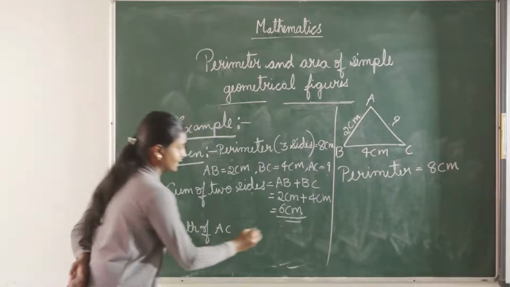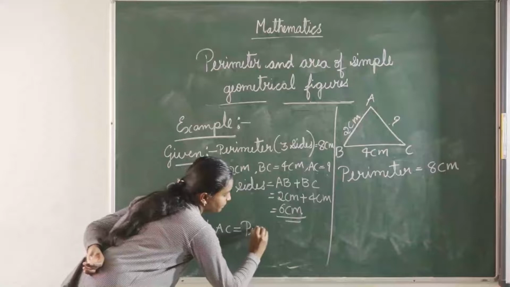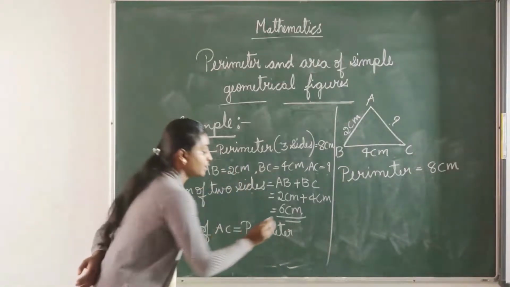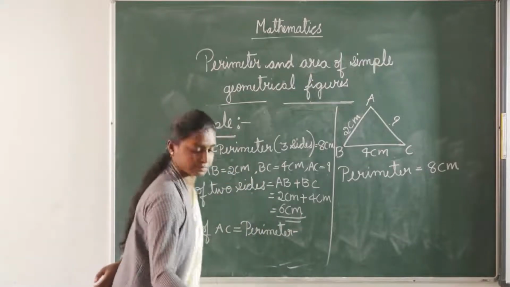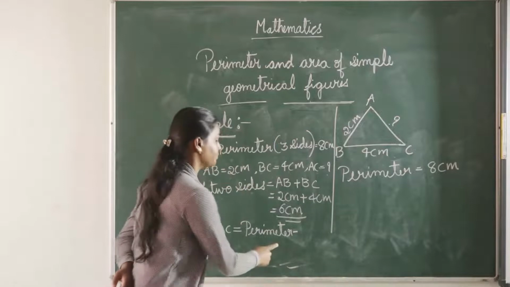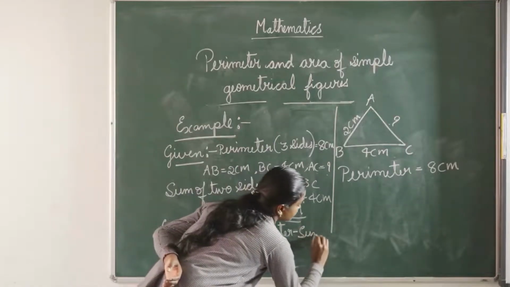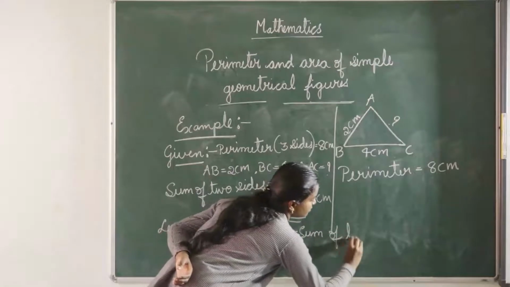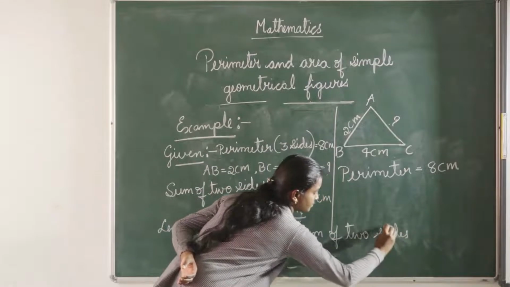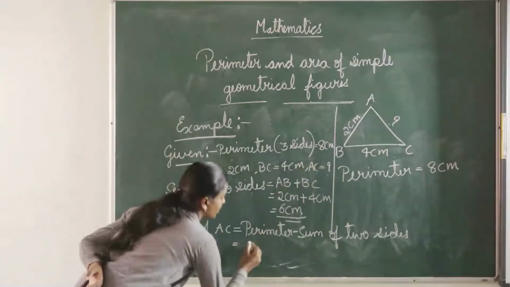Length of AC is equal to perimeter minus sum of two sides. That is, perimeter is how much? 8 centimeter.